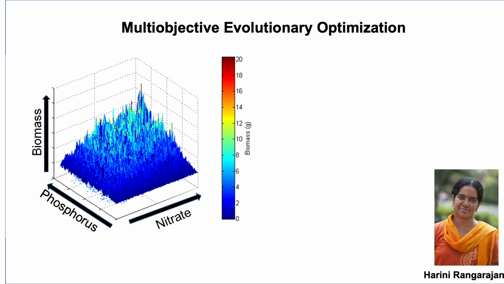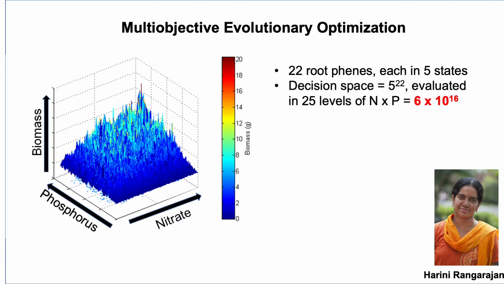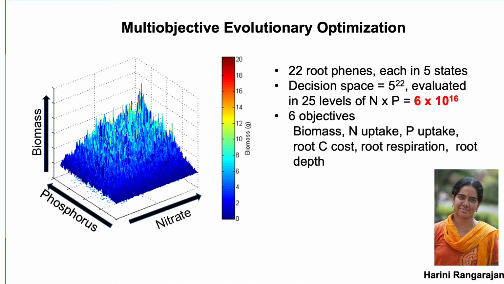This research is led by Harini Rangarajan. Harini used multi-objective evolutionary optimization to evaluate 22 phenes, each in 5 states, resulting in 5 to the 22nd phenotypes, evaluated in 25 levels of nitrogen and phosphorus, resulting in a decision space of 6 times 10 to the 16th phenotypes.